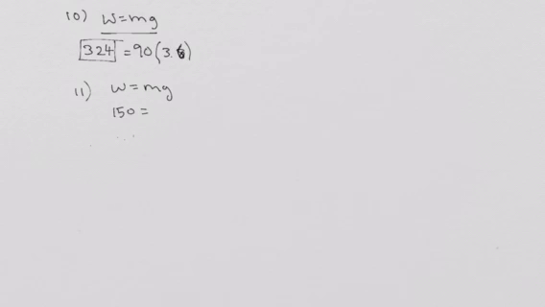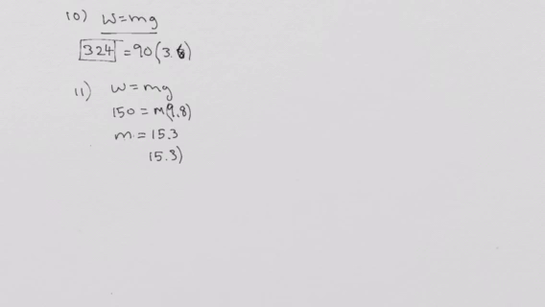So if we know that the weight is 150 on Earth, we can plug in the gravitational acceleration, which is given in the table, and the only thing we don't know is what the mass is. Now it's not entirely necessary, but it's helpful to know that the mass is constant, although the weight changes depending on what planet you're on. But so now we've solved for the mass. The mass is 15.3.